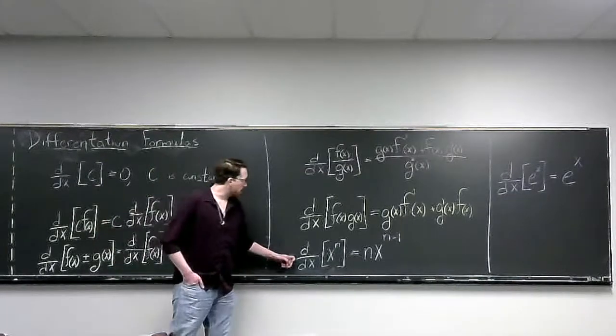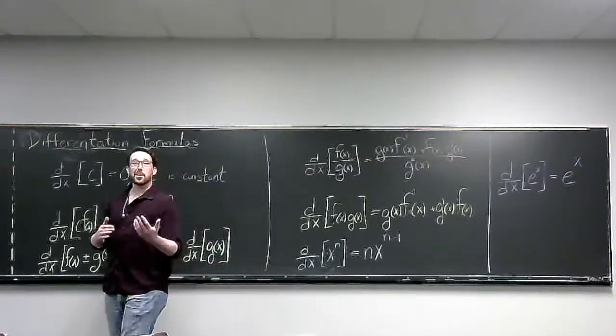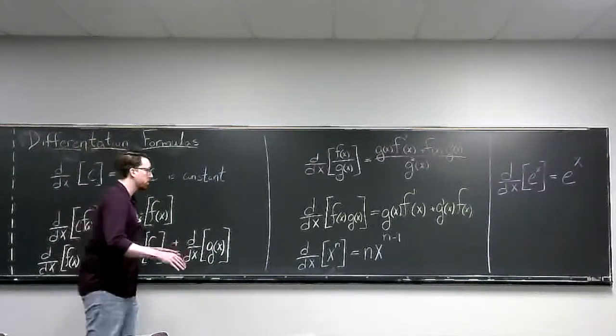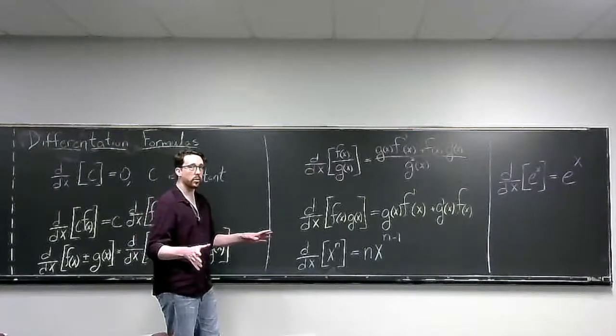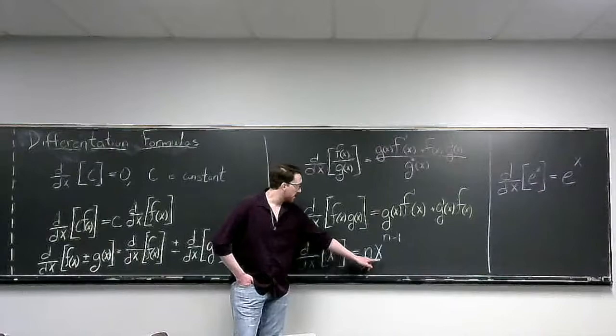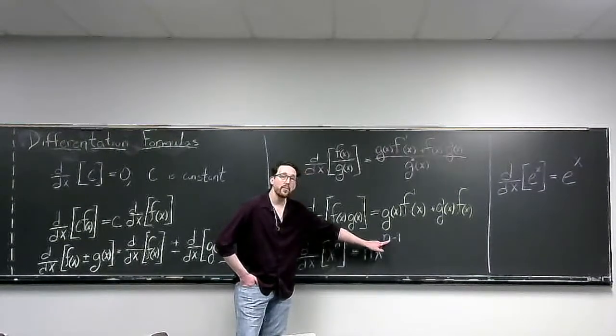But the simple power rule says that if you have x raised to any power other than 0, the derivative is equal to that power times x raised to that power minus 1.